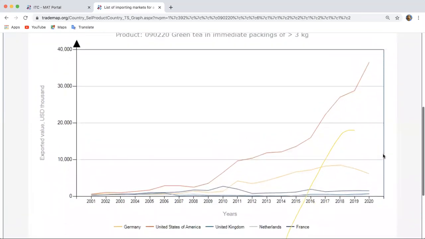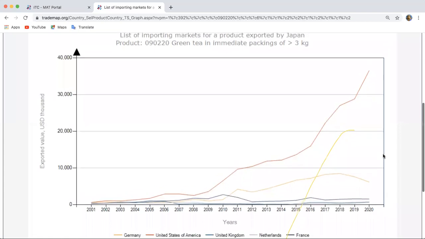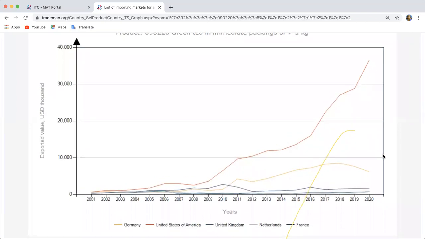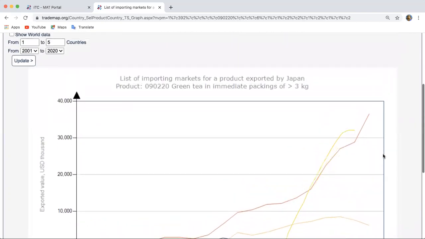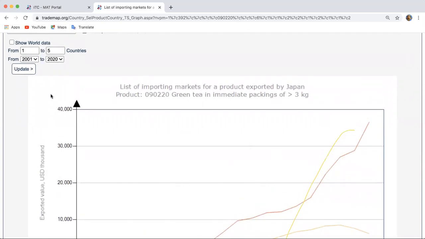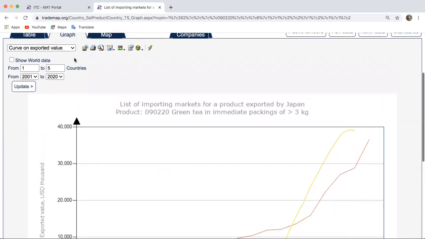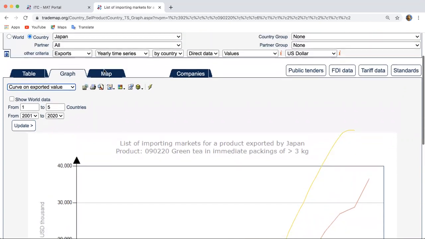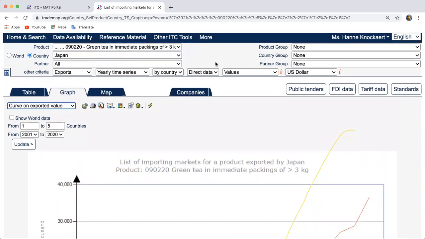Here you can see the top 5 importers of Japanese green tea. We're looking at 2001 to 2020 in this case. You can play around a little bit, like you can also look at the bar chart, but depending on what your measures are here at the top, you can play around with different types of graphs.